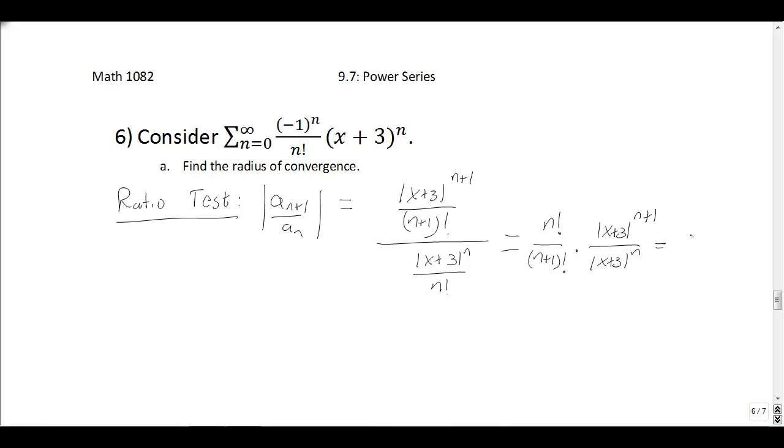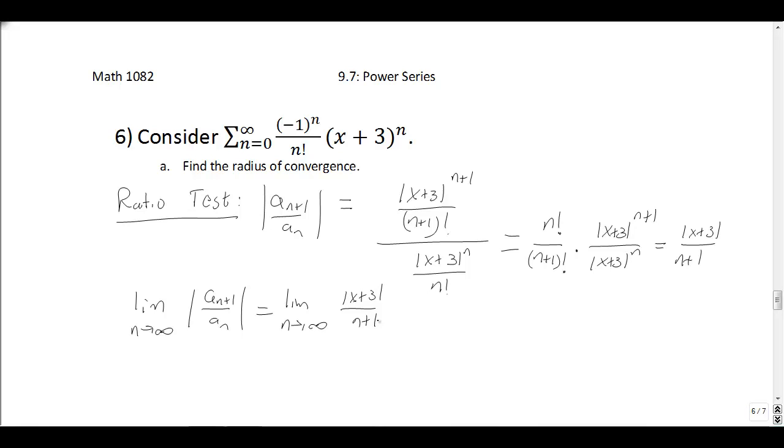And this is going to give me an absolute value x plus 3 on top from the x plus 3 to the n plus 1 over x plus 3 to the n. N factorial over n plus 1 factorial is going to leave me with n plus 1. So I do a limit as n goes to infinity of my ratio. That's a limit as n goes to infinity of absolute value x plus 3 over n plus 1.